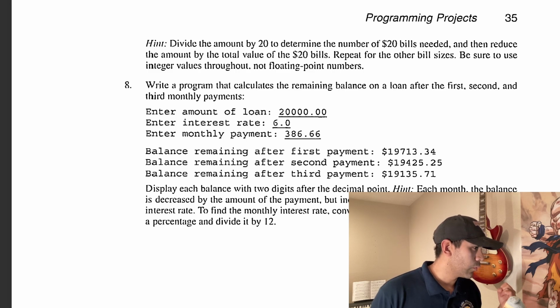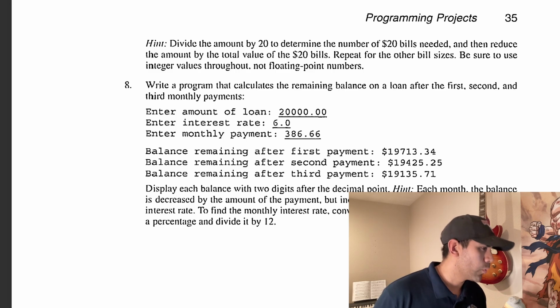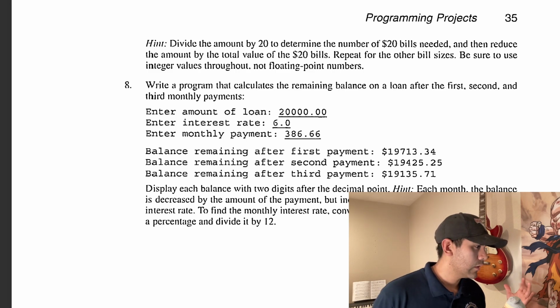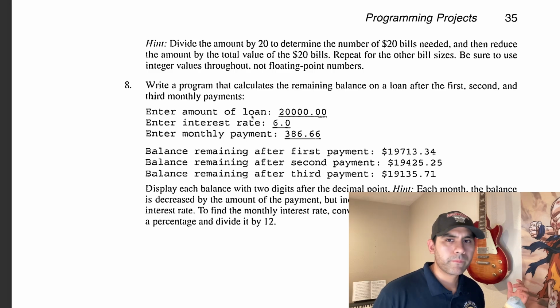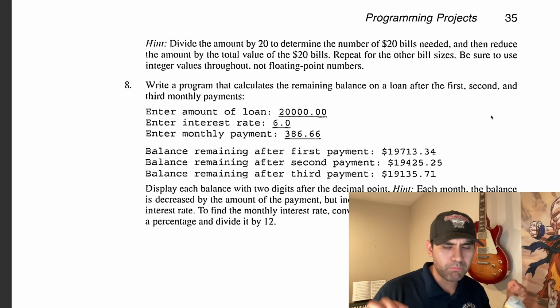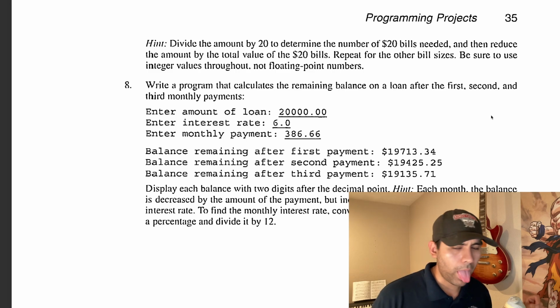All right, so write a program that calculates the remaining balance on a loan after the first, second, and third monthly payments. Display each balance with 2 digits after the decimal point. Each month the balance is decreased by the amount of the payment, but increased by the balance times the monthly interest rate.